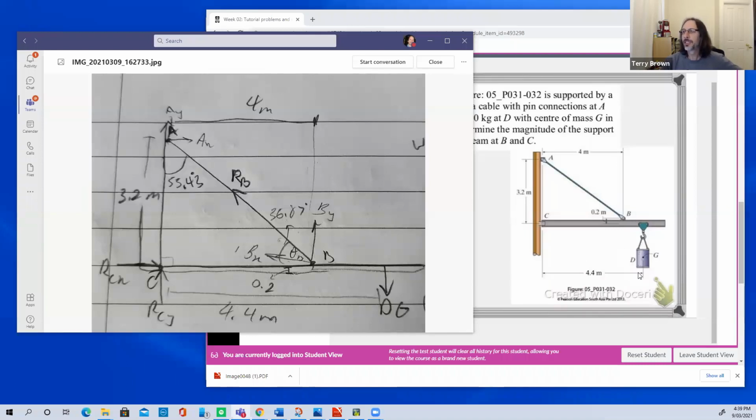So we've recognized that there's going to be a single force at the center of mass of this weight hanging down here. And probably most of you have just gone, okay, I'm only given a distance here, 4.4, so I'm going to put a single force here on the beam. And that's okay.